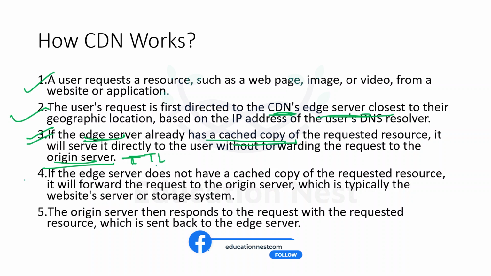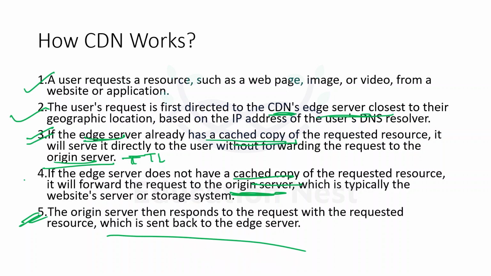If the edge server does not have the cached copy of the requested resource, then it will forward the request to the origin server, which is the website server or the storage system. The origin server would respond back with the requested resource, which is sent back to the edge server. Okay.